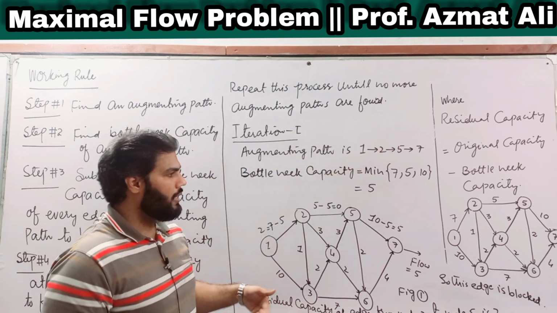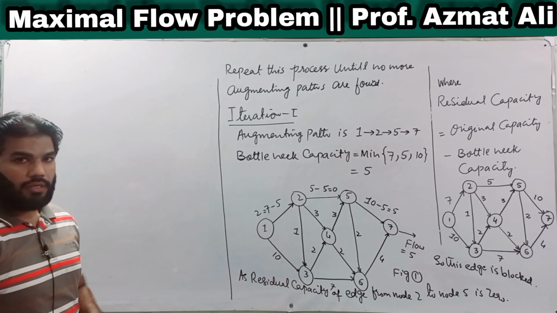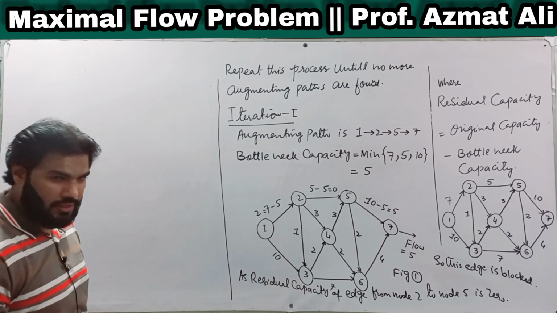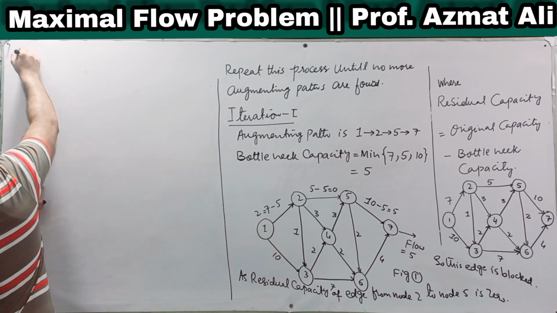Further, again we find an augmenting path. Next we consider another augmenting path, which is one of the paths that can join a node to the sink. So this is our iteration 2.